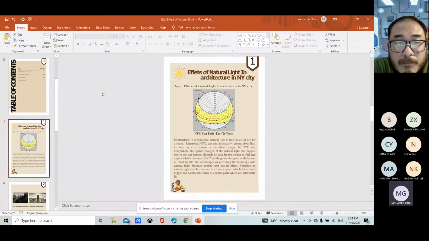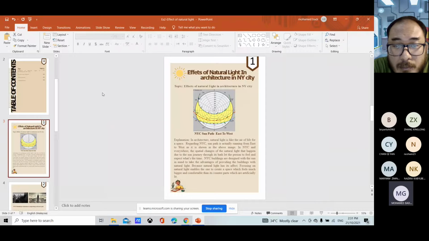In architecture, natural light is like the air of life for a space. Regarding New York City, the sun path is running from the east to west, as shown in the above image. In New York City and everywhere, the change of the natural light due to the sun's journey through its path lets a person feel and expect what the time is.